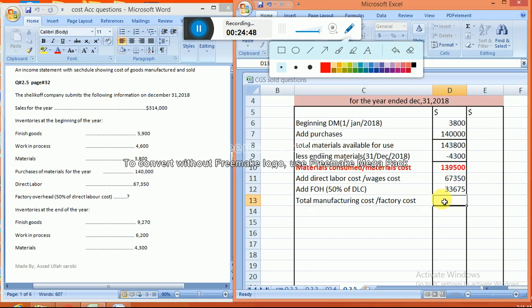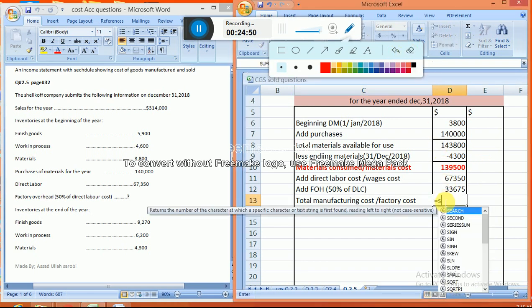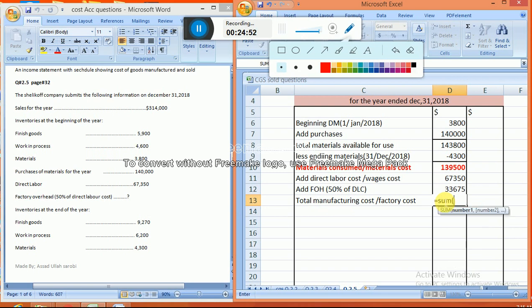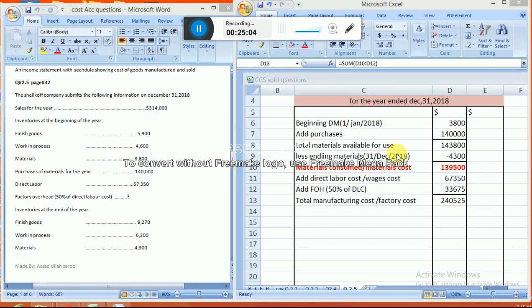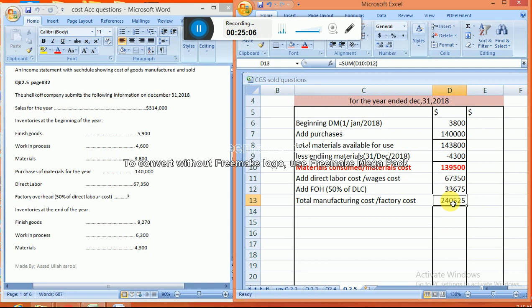How much is it now? We will add these three: direct labor, direct material and factory overhead. So now our cost is increased to 2,40,525.